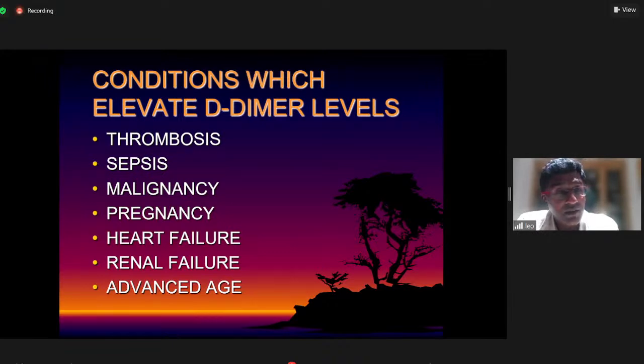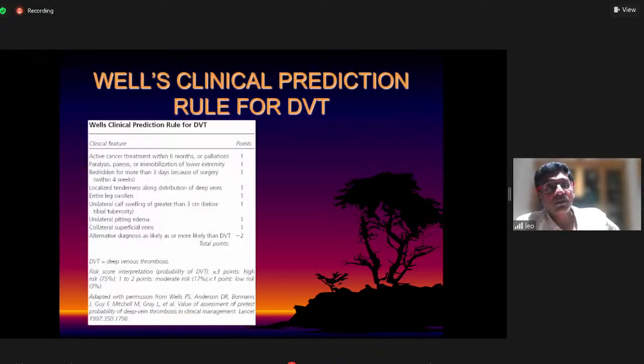For instance, surgery itself can lead to a certain amount of increase in D-dimers. In addition, with any thrombosis, sepsis, malignancy, pregnancy, heart failure, renal failure, and in advanced age as well, the D-dimer levels can be elevated, which can be a confounding factor. So D-dimer alone in itself is not really particularly useful.